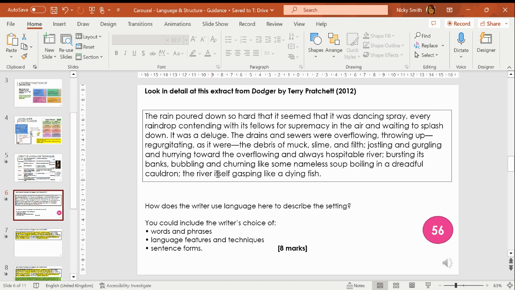The rain poured down so hard that it seemed that it was dancing spray, every raindrop contending with its fellows for supremacy in the air and waiting to splash down. It was a deluge.